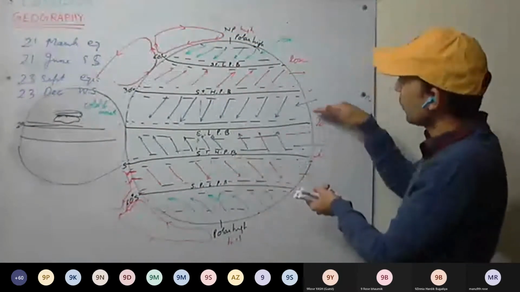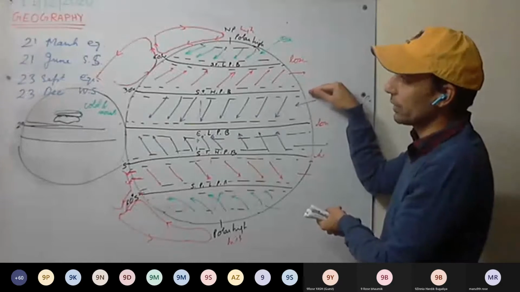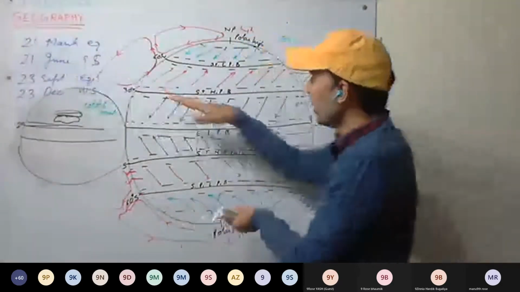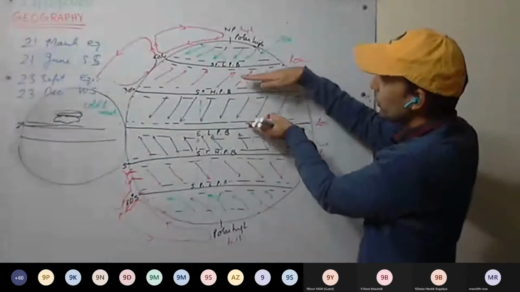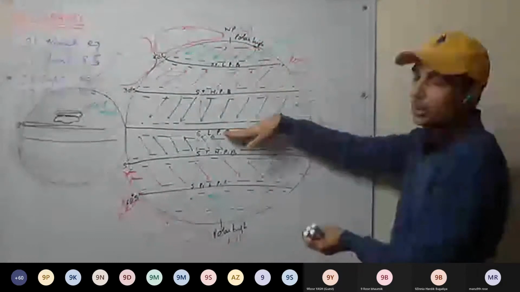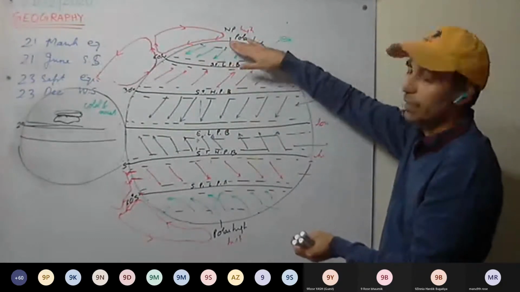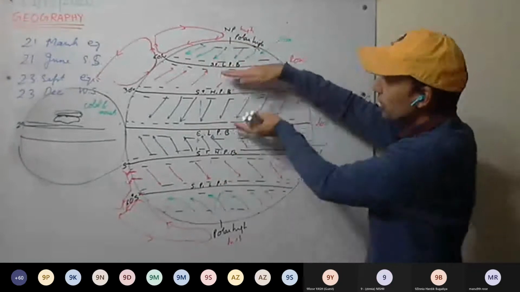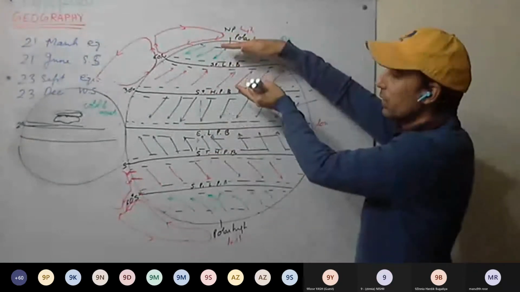Now the sun starts to move towards the Tropic of Cancer. So from March to June, these pressure belts start to shift towards the North Pole. The equatorial low pressure belt shifts more, some shift a little less, and this is how the wind system shifts.